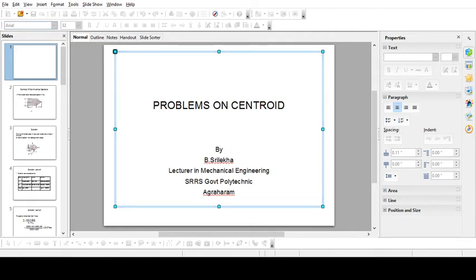So let us go for the centroid next calculation. Now first one, area is 80 by 12. You get 960. Now the x term is 80 by 2, it is 40.